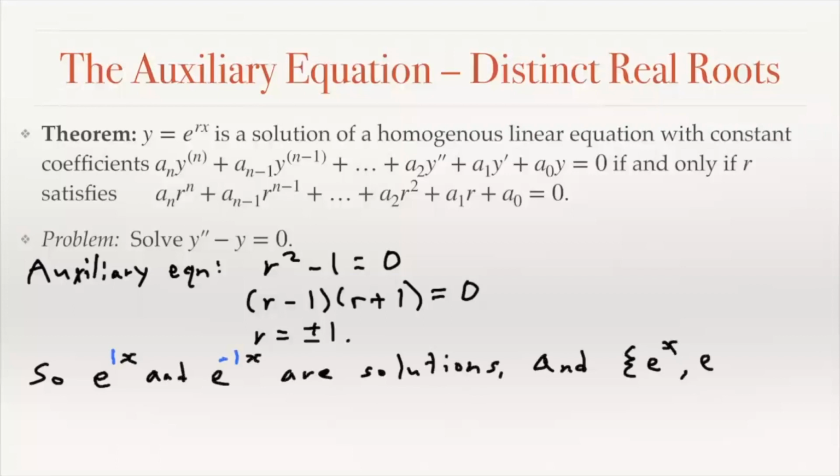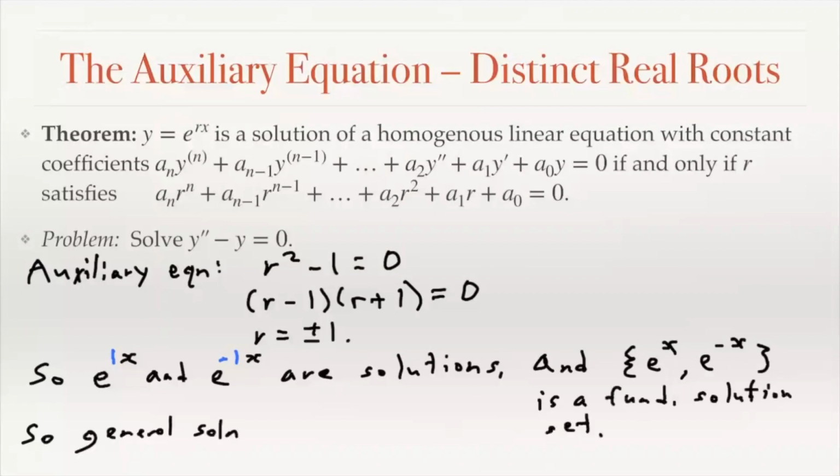And e^x and e^(-x), neither of those is a scalar multiple of the other. That is a fundamental solution set. So the general solution is c1 e^x plus c2 e^(-x).